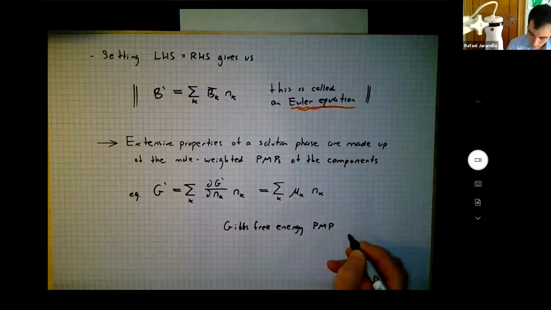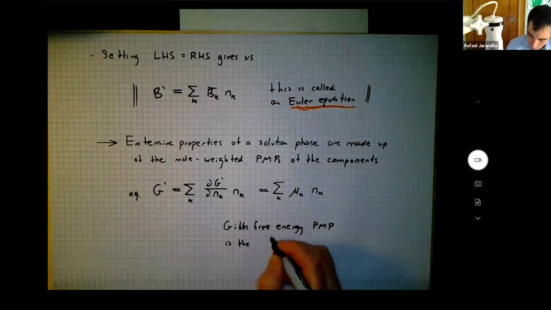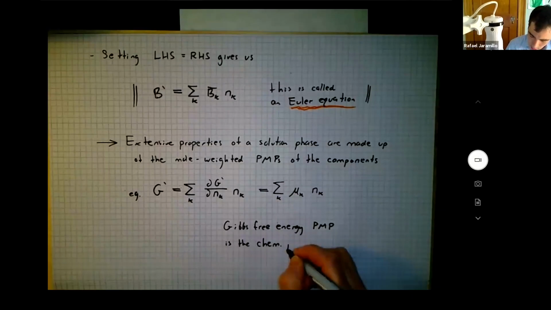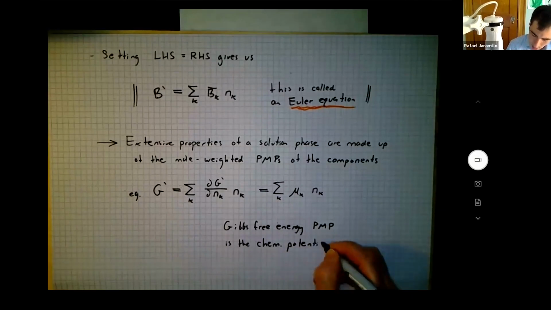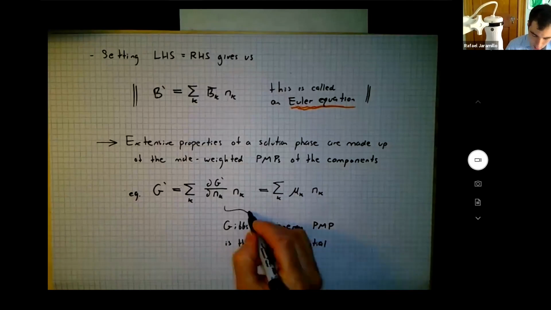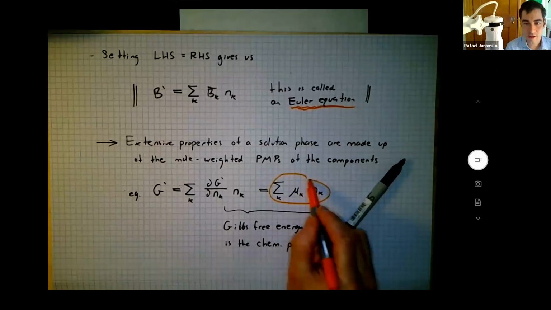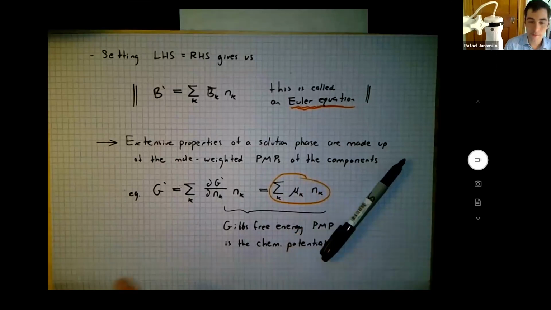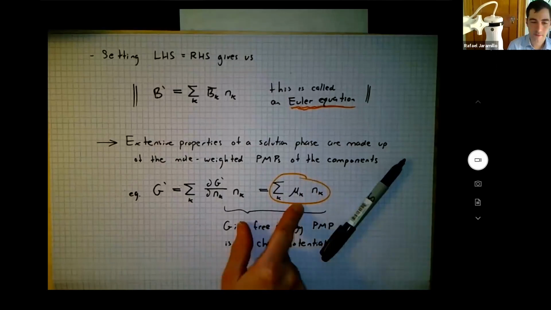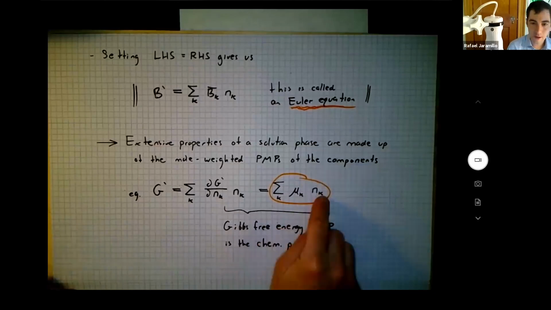So you've seen this expression before. So if you ever see someone add up the Gibbs free energy of a system and they just jump right to this, you know where it comes from. It's the sum of the chemical potentials weighted by the mole numbers.